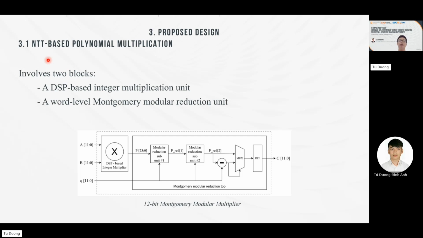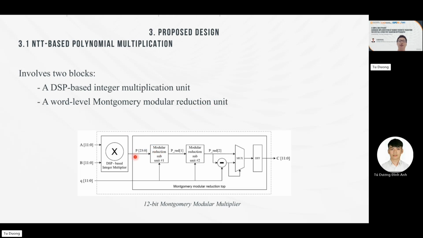So let's talk about our polynomial multiplier. It involves two blocks. The first one is the DSP-based integer multiplier. And the second one we need is the word-level Montgomery modulo reduction unit.